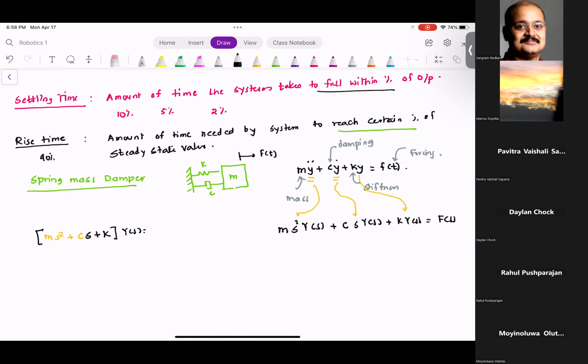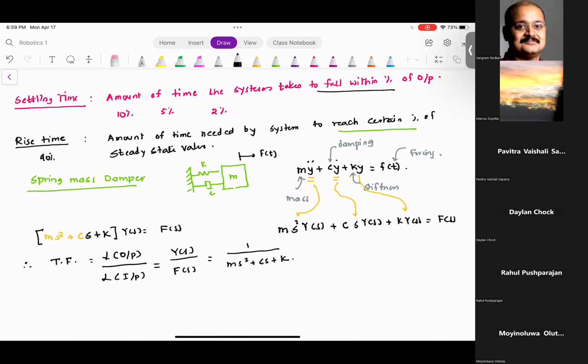Now I take this out. Y of s is equal to F of s, and then I have the transfer function, which is the Laplace transform of output divided by Laplace transform of input, which is Y of s divided by F of s is 1 over m s square plus c s plus k.